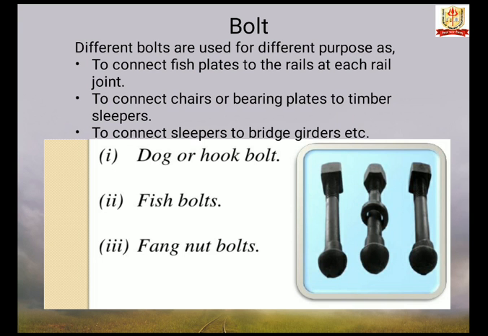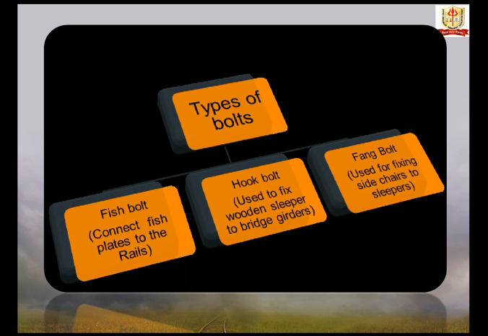Now the next type is bolts. Different bolts are used for different purposes: to connect the fish plates to the rails at each rail joint, to connect chairs or bearing plates to timber sleepers, and to connect sleepers to bridge girders. Types of bolts are dog or hook bolt, fish bolt, and fang bolt.